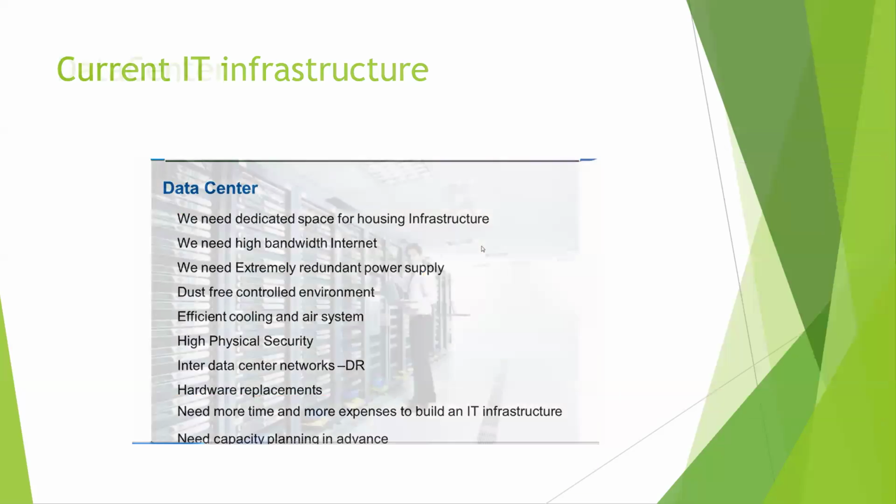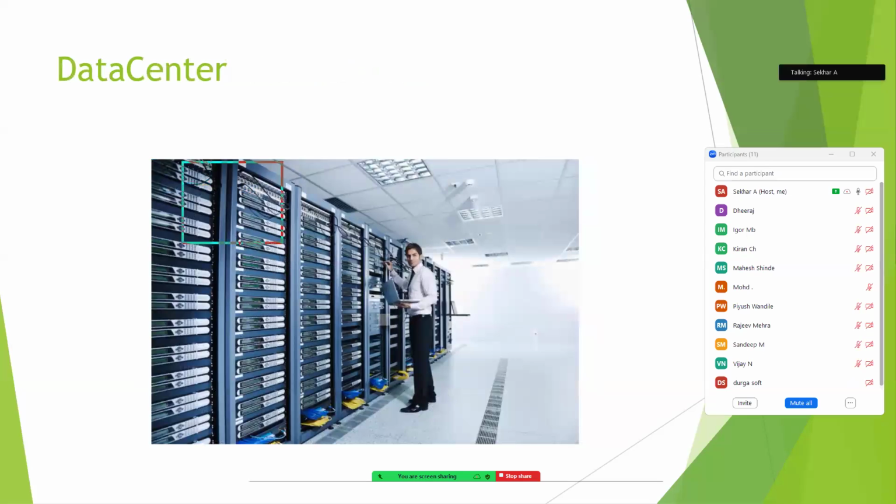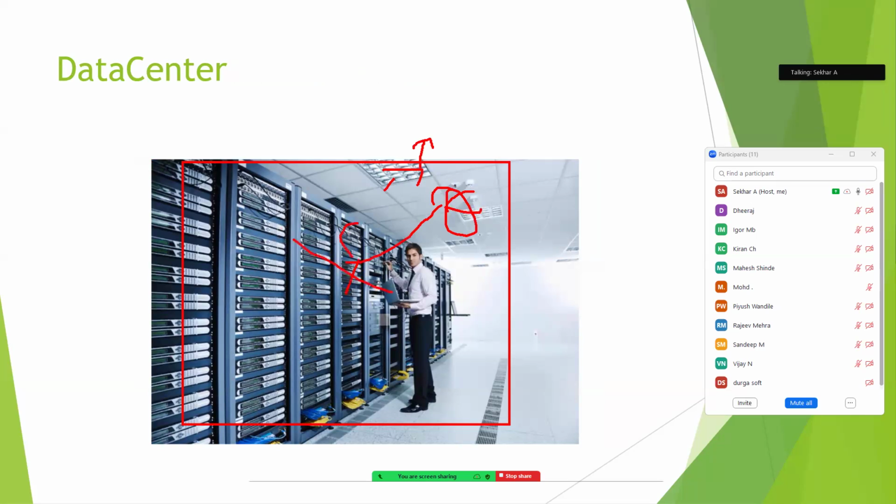Next, apart from that, disaster. Disaster means, assume that wherever the data center is established, all of a sudden there are floods. Due to floods, your data center crashed. If a data center crashes, it will affect our business.